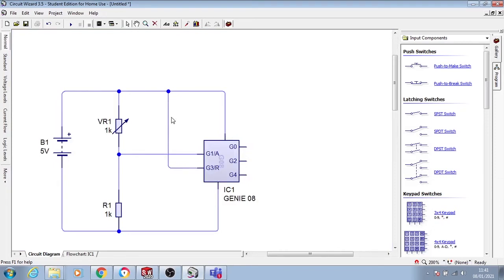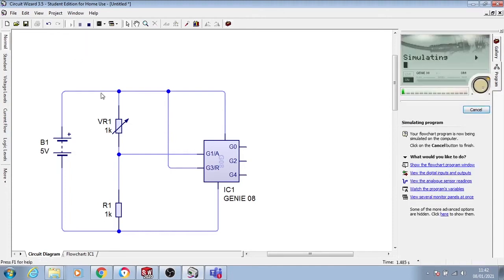That's a reset pin. It will just make the whole thing run. If that's not connected, it will constantly reset. So if you want an actual switch to reset your chip, you put a push to break switch in there, and when you push it, you reset the chip. So press play, it should work.